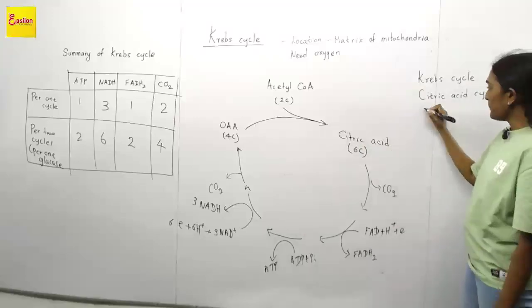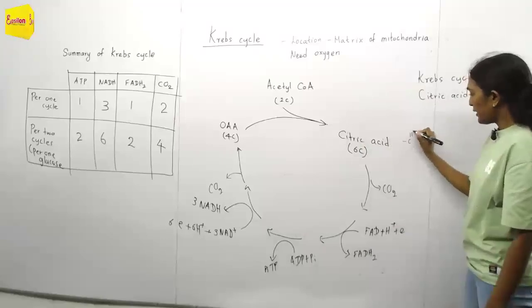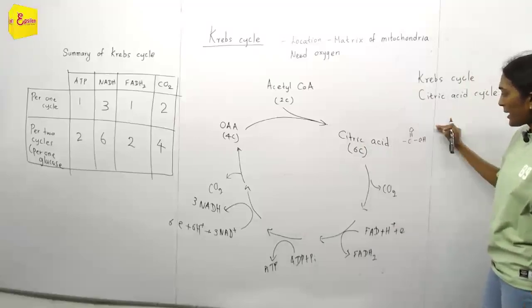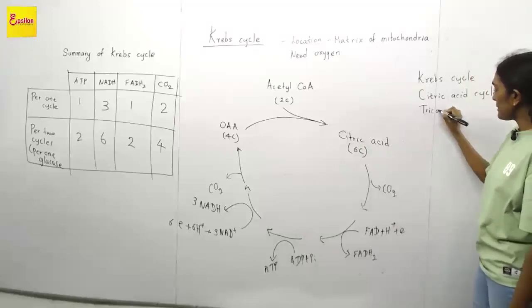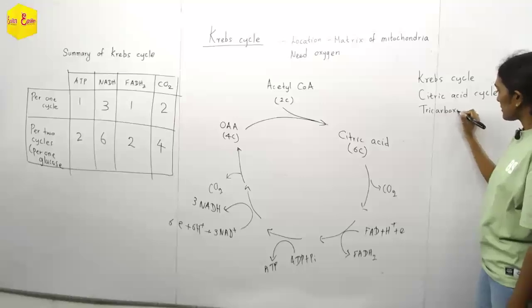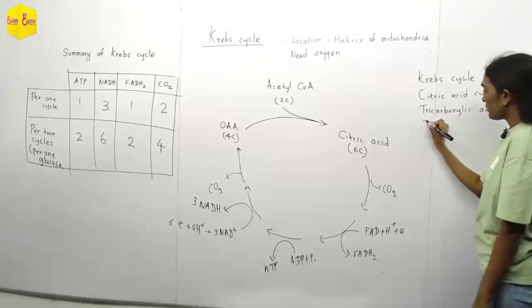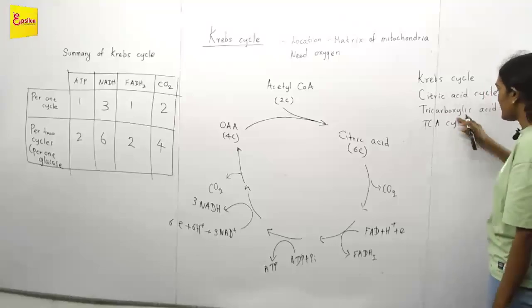And citric acid has carboxyl groups, three of them, so we call it the tricarboxylic acid cycle. Also, its shortened form TCA cycle is the same.